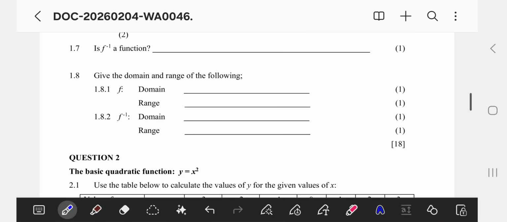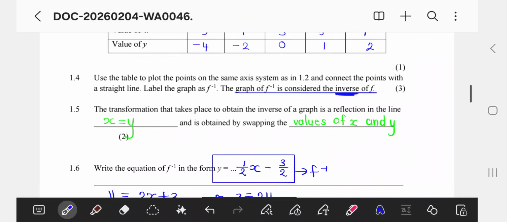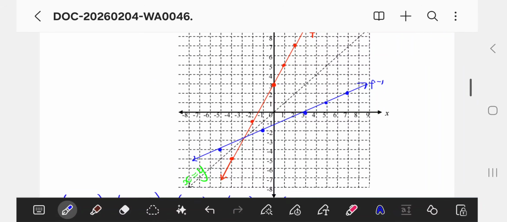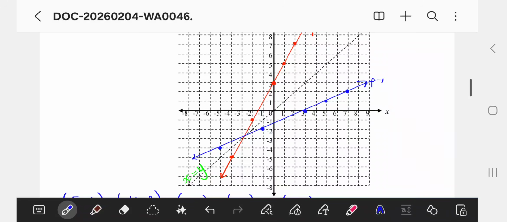Now they ask you, is f to the minus 1 a function? And you guys, please remember, what makes a graph be a function is if it passes the vertical line test. So just to show you this quickly, if I were to draw a vertical line through this graph of f to the minus 1, does it intersect the graph once? Yes, it does.